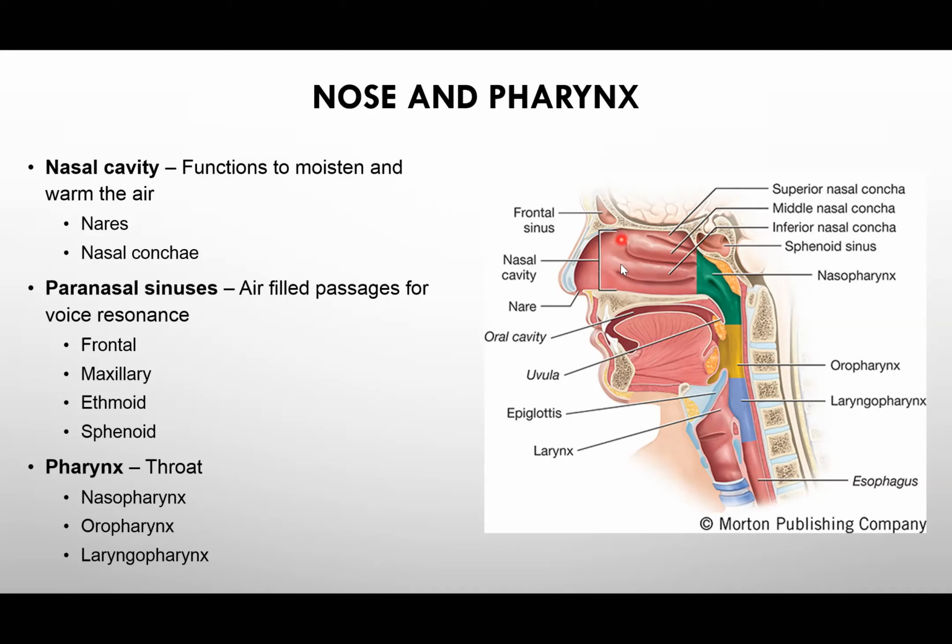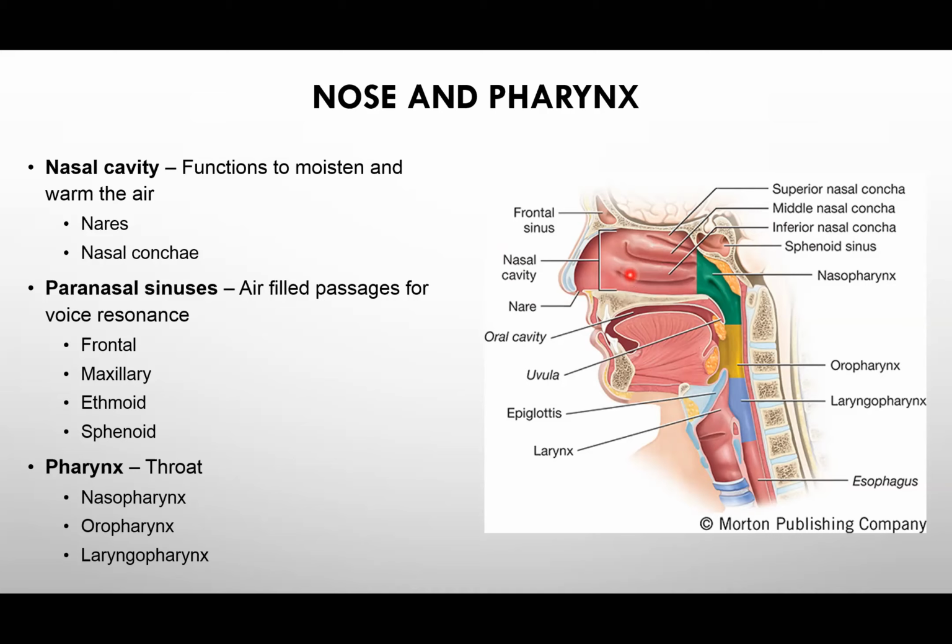Some of the structures within the nasal cavity include the nares, which are just the openings that we see from the face, the two holes on your nose that allow air from the outside to come in. And then we have the nasal concha. We have a superior, a middle, and an inferior nasal concha.